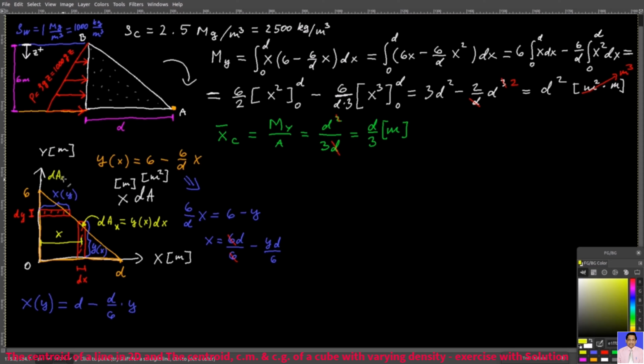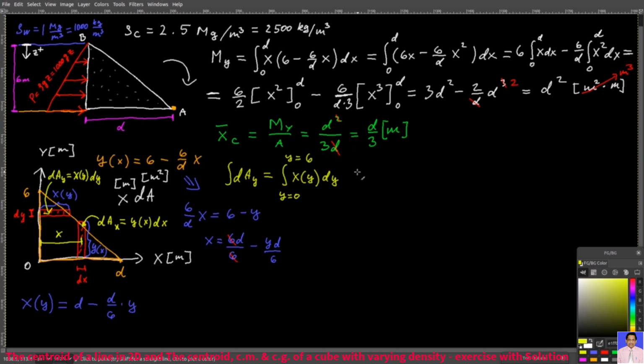So dA equals x as a function of y times dy. So it's this differential area here. And now, if we sum up all these differential areas, where you would integrate from y equals 0 till y equals 6, and then here you have x as a function of y times dy, obviously it will give you the same area, 3d meters squared.